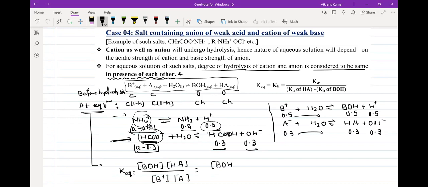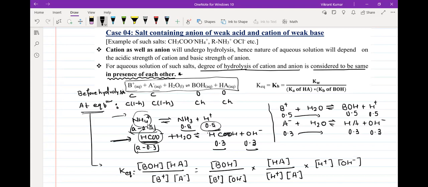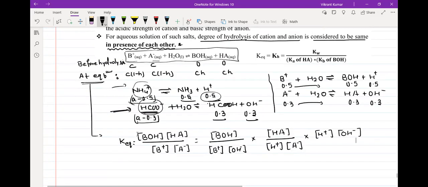I'll be writing BOH upon B plus into OH minus, HA upon H plus into A minus, and I'll be writing H plus into OH minus. That means I have multiplied it by H plus OH minus and divided it by H plus OH minus. Is it okay? Now, if you see the whole thing, H plus into OH minus has become KW.